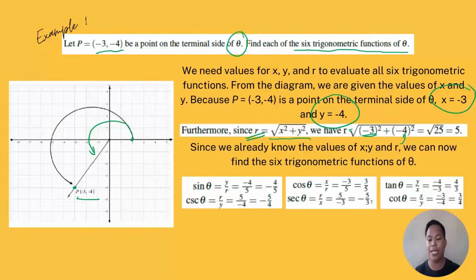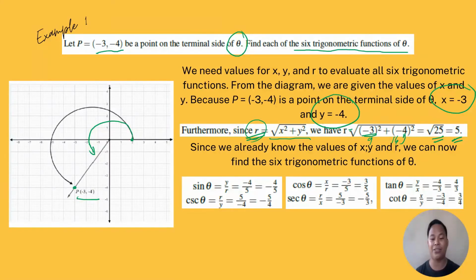The quantity of negative 3 squared is equal to 9, plus the quantity of negative 4 squared is equal to 16. So 9 plus 16 is equal to 25. And the square root of 25 is 5. Note that the value of r is always positive.